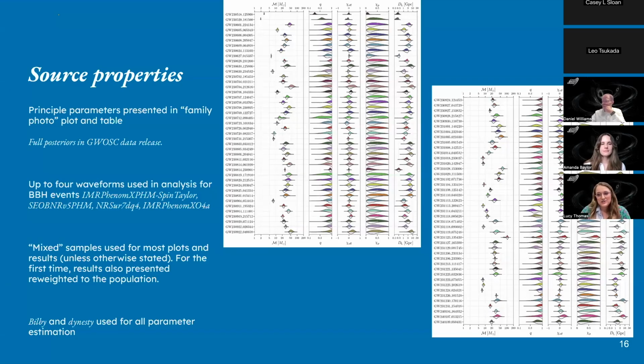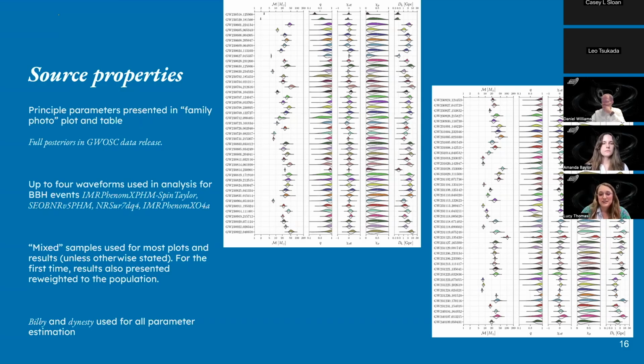For the events which fit into the validity range of NRSur7dq4, this analysis was also run. And then for events that show possible evidence of asymmetric masses or possibly spin precession, we also do analyses with IMRPhenomXO4a. The results that we show in the majority of the paper, unless otherwise stated, are a mixture of the samples for all of these waveform models for each event which were run.